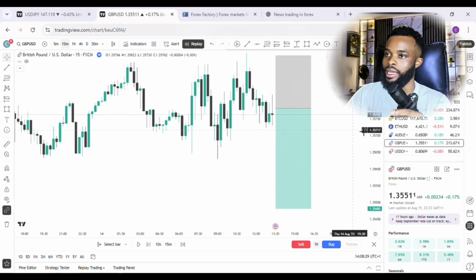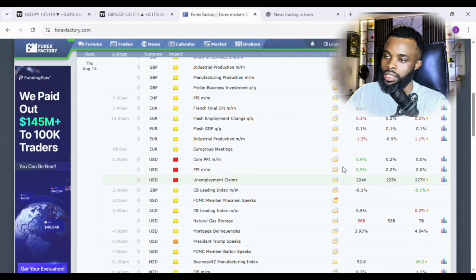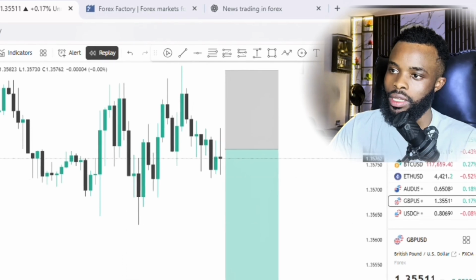So looking at it right here, let's look at what the market later did. Remember this 30 minutes candle: immediately the candle closed, the news came out positive. You already know that the market is going to come bullish on USD JPY, but bearish on GBP USD based on the base and quote currency effect. So let's see what the market did.